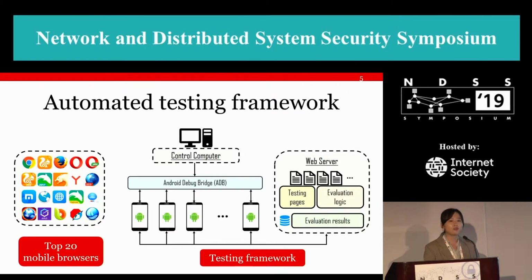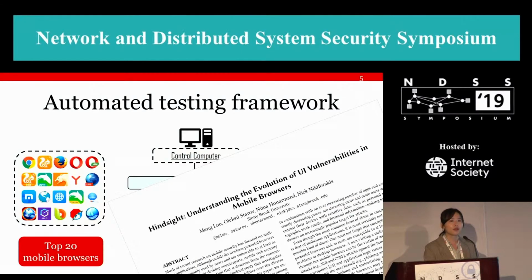The measuring of security mechanism support is made using an automated browser-agnostic testing framework called Hindsight. This is from our previous work published in CCS 2017. So the framework can resolve the challenges we will encounter while launching large-scale mobile browser testing.